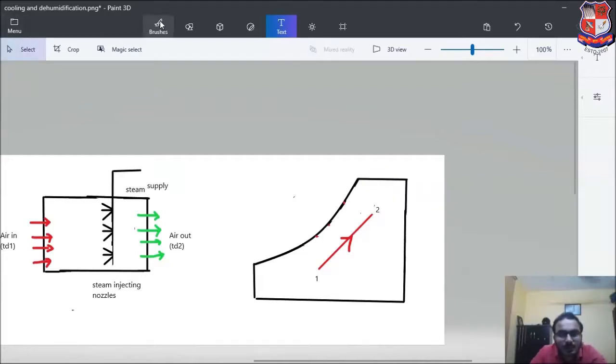And as we have done previously, we can mention another point, which will be in between, point number 3.